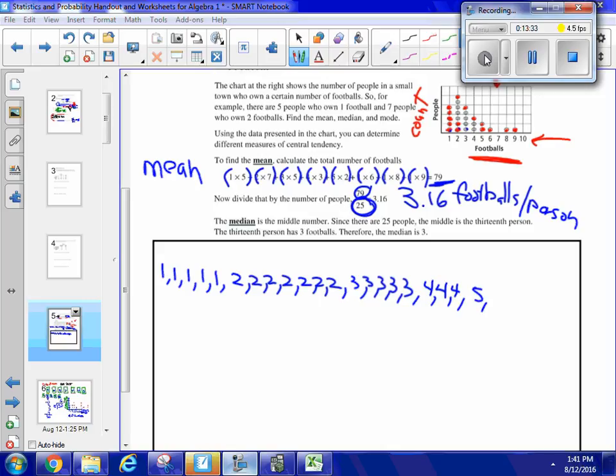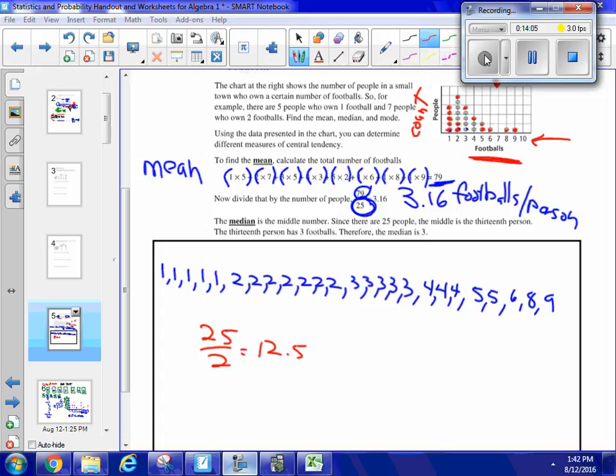The median is the number of footballs that is right in the middle. Well, I had 25, so one way to find the middle is to go 25 divided by 2, and that is equal to 12.5. So it means if I count 12 in from either side, 1, 2, 3, 4, 5, 6, 7, 8, 9, 10, 11, 12.